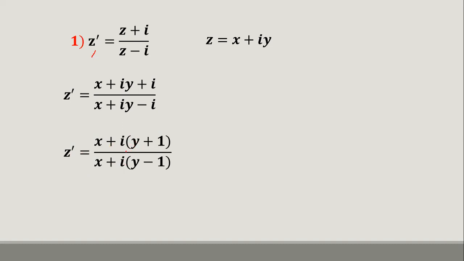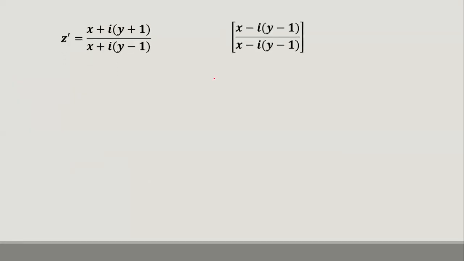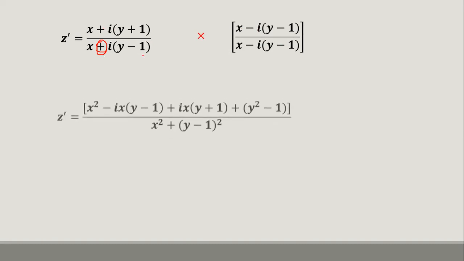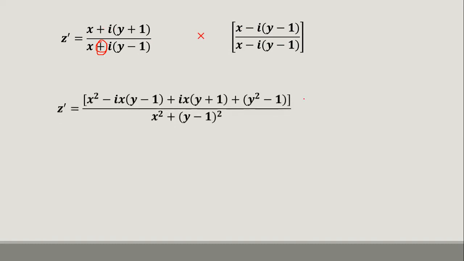Let's divide these two complex numbers by multiplying by the conjugates. Multiplying by the conjugate means switching the sign of the imaginary parts in the denominator. Multiplying numerators together and denominators together. Pay attention that i squared is always equal to minus 1. Expanding.